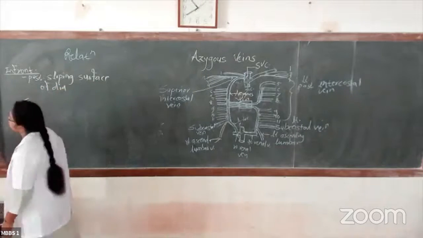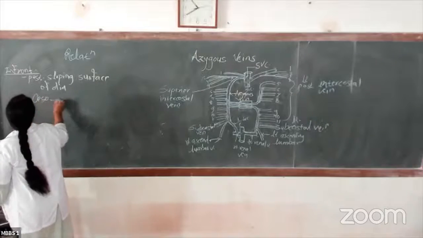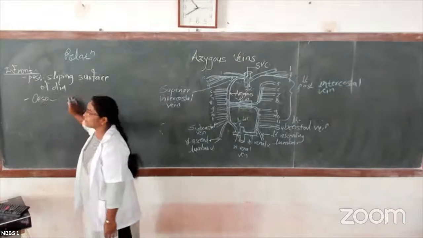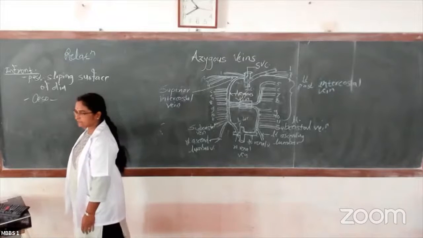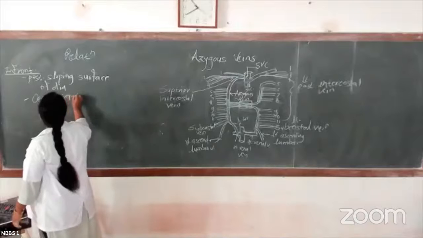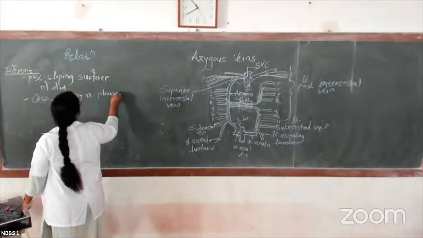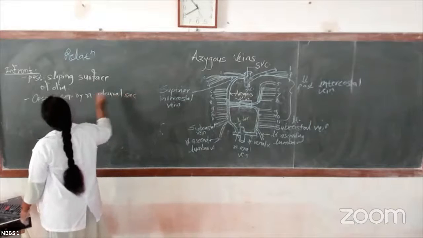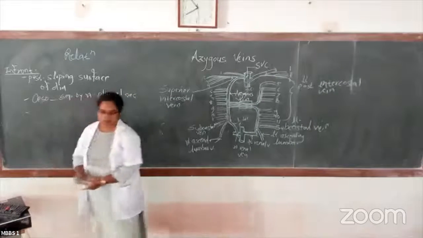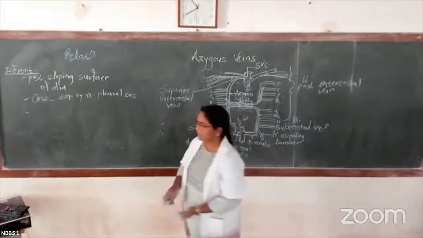Next is the esophagus. Now this esophagus is separated by the right pleural sac. What are the front relations?